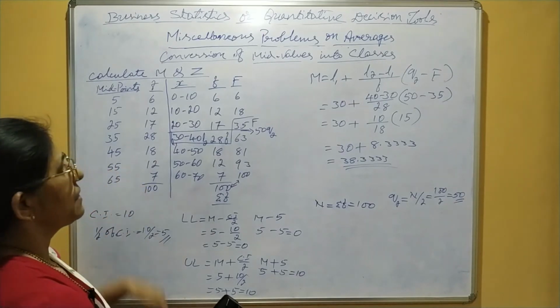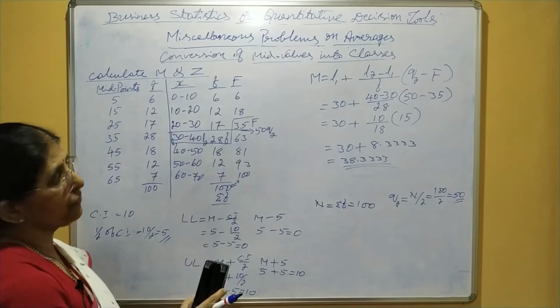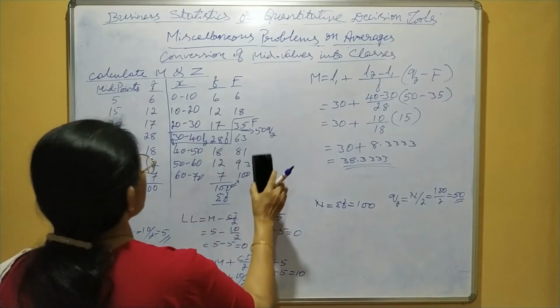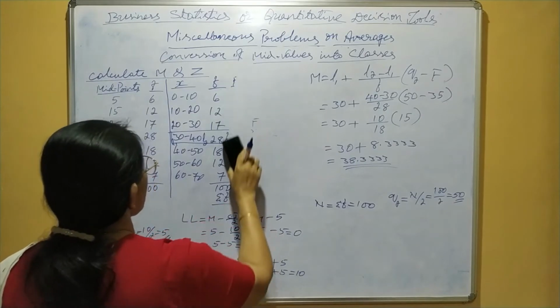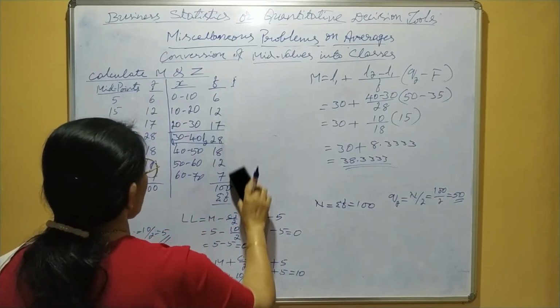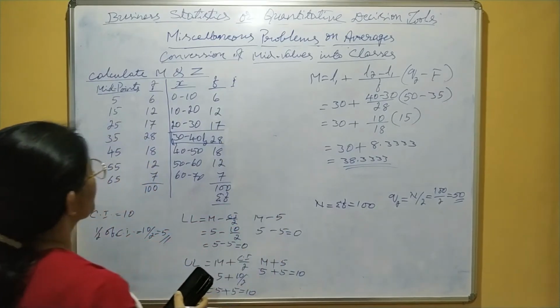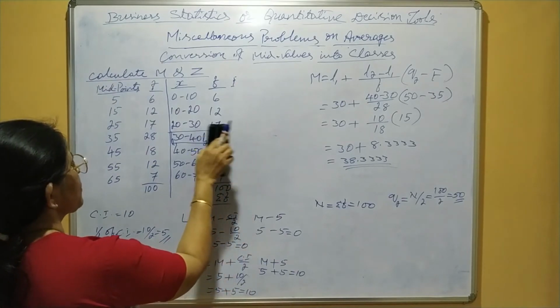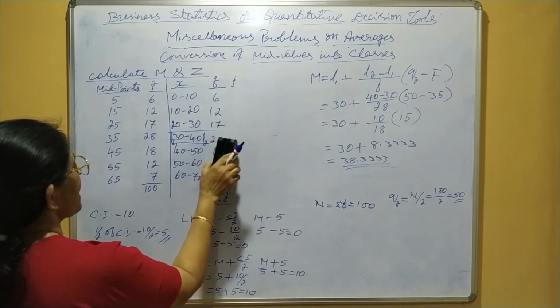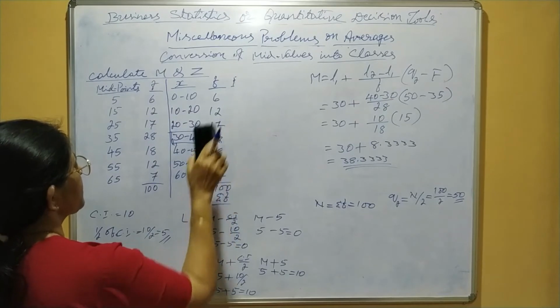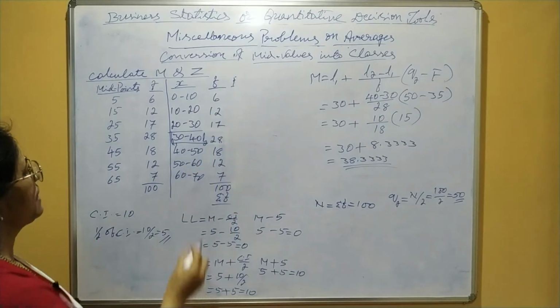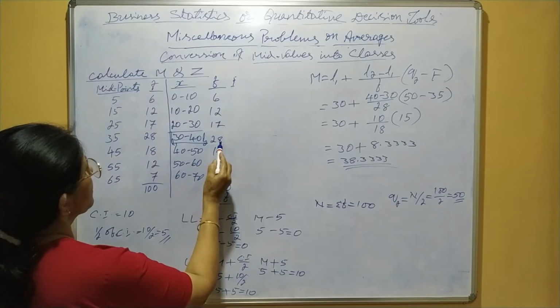Now, here we may apply the direct formula. Therefore, we need not take any additional columns. Just you have to take the modal class. It is known to you. The modal class occurs corresponding to the highest frequency. The highest frequency is 28.